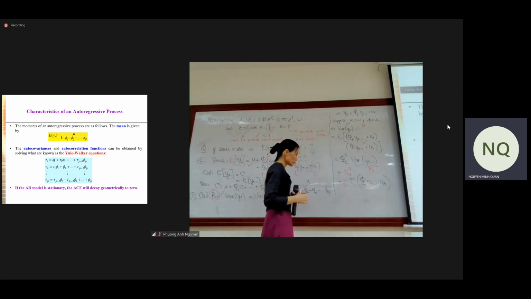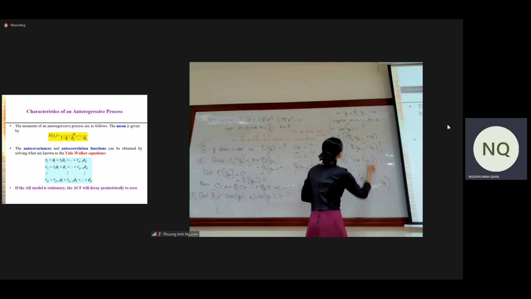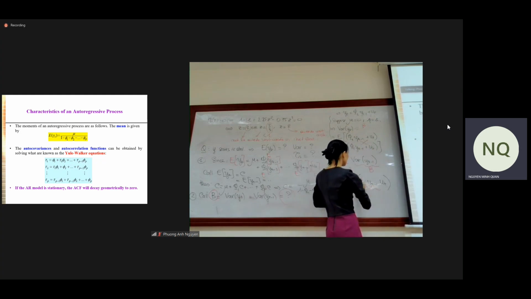We know that yt minus 1 can use the equation one more time: phi 1 yt minus 2 plus ut minus 1.